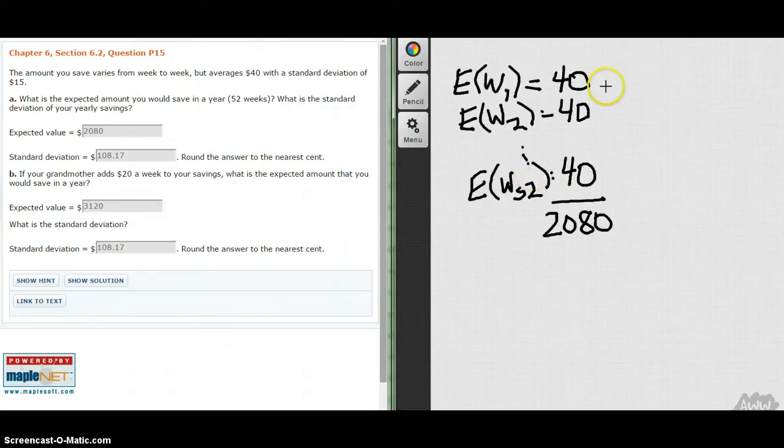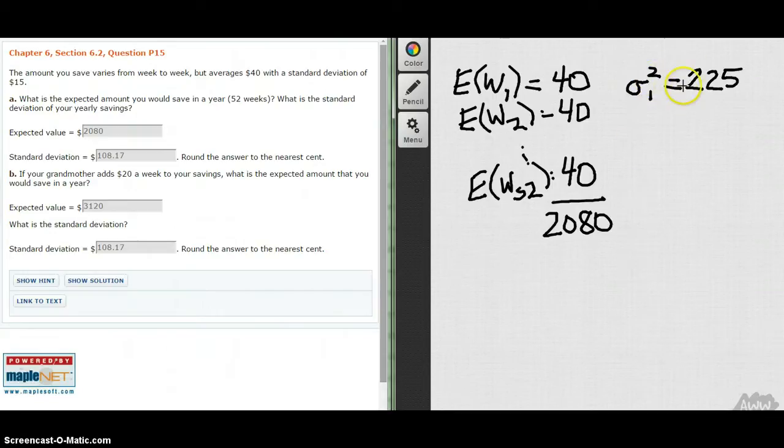Now, standard deviations work a little bit different. So we know that the standard deviation of week 1 is $15, which means that the variance of week 1 equals 15 squared, or $225 squared. We cannot just add the standard deviation.